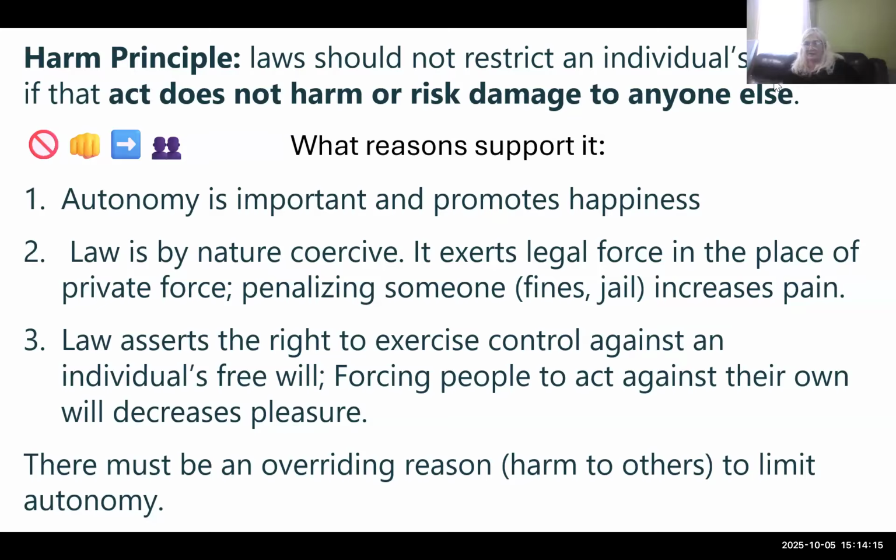The reasons that support this is first, interfering with people's autonomy is bad because autonomy is important and autonomy promotes happiness. I want you to think about it this way. Again, we're going to go back to the vanilla cake or chocolate cake. You know best as a person which one you like the most.